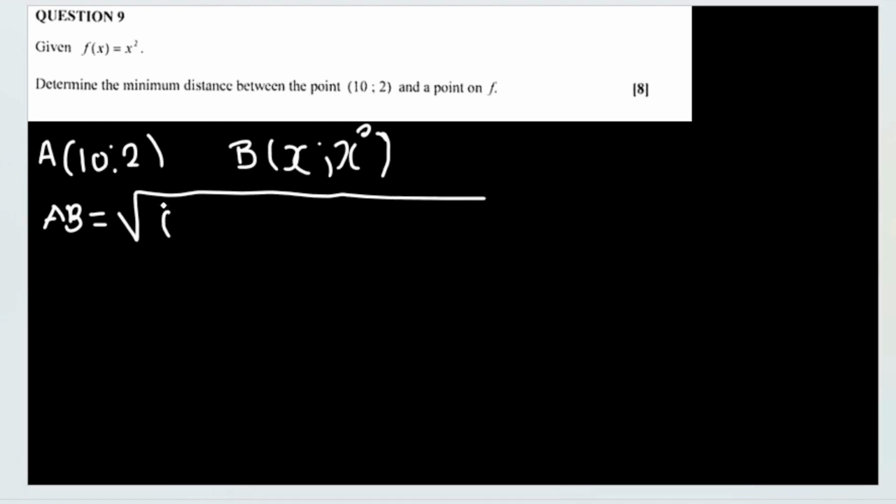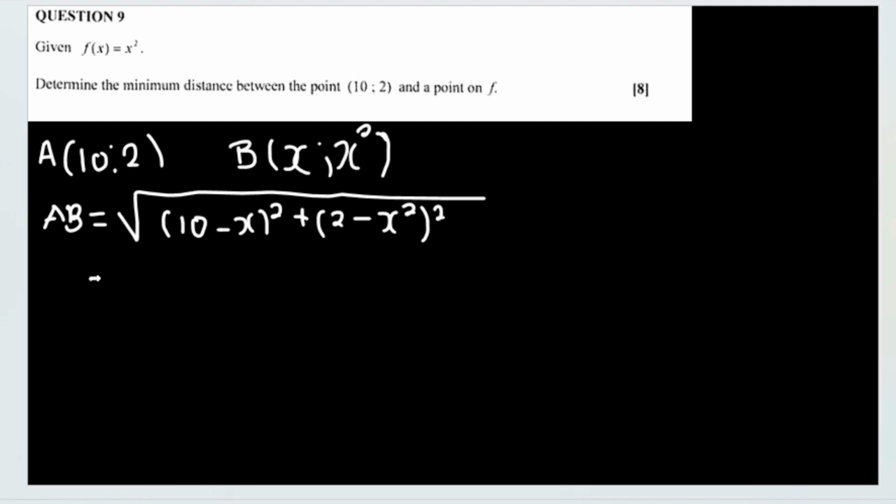The value of A's x, which is 10, minus the value of B's x, which is x, all squared, plus the value of A's y, which is 2, minus the value of B's y, which is x squared, all squared.